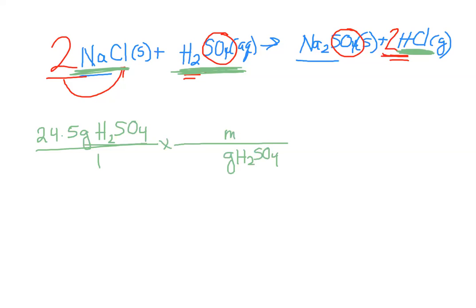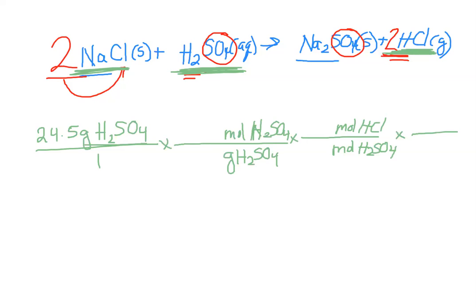And we're changing it to moles. Whoops, that's an H. And then we're taking those units and putting them on the bottom and changing it to moles of HCl because that's what we're dealing with on this side.